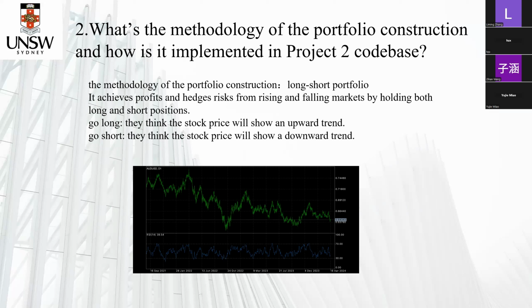In this strategy, investors go long when they think the stock price will show an upward trend, and they go short when they think the stock price will show a downward trend. This strategy not only relies on the rise of stocks to make profits, but can also make profits on the decline. The purpose is to achieve more stable returns and reduce investment risk.